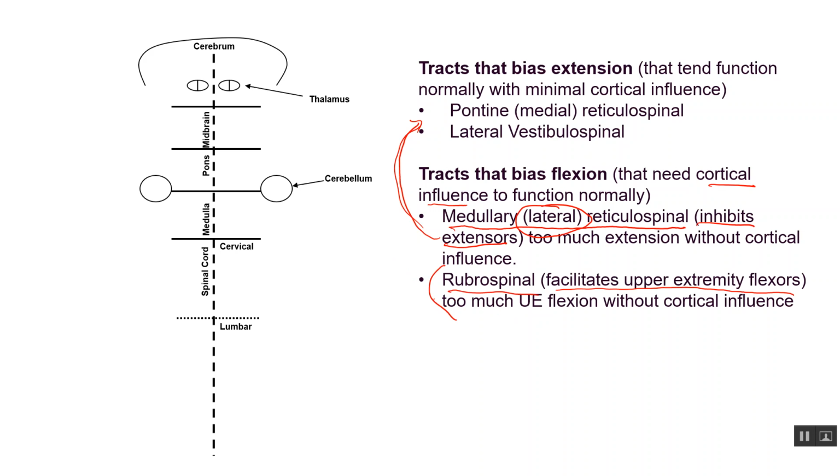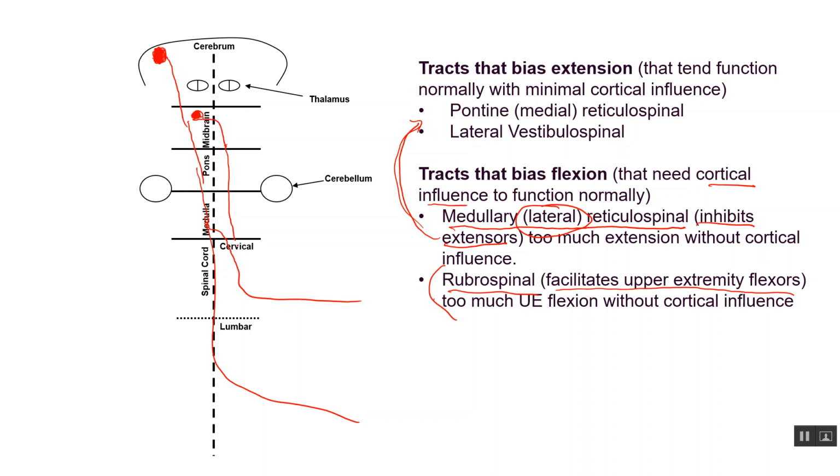So if we have a lesion up here in the brain, and it's affecting these descending pathways that go down and cross over in the low medulla to go to the other side of the body here. We're going to draw in a rubrospinal tract here too. It crosses over right away, right?